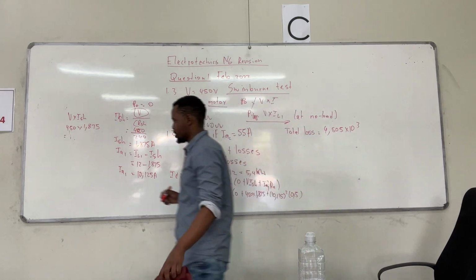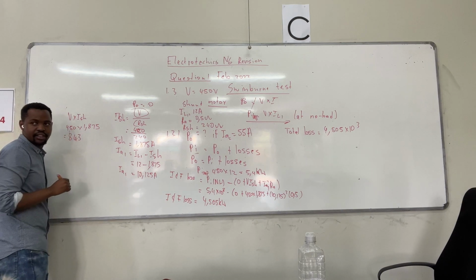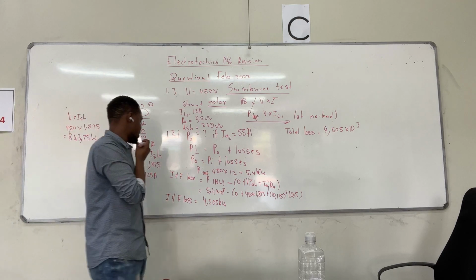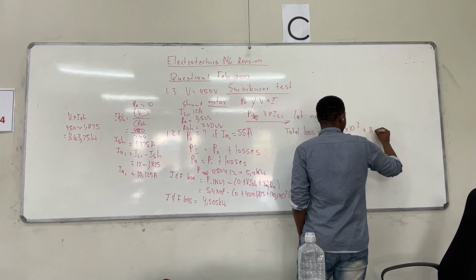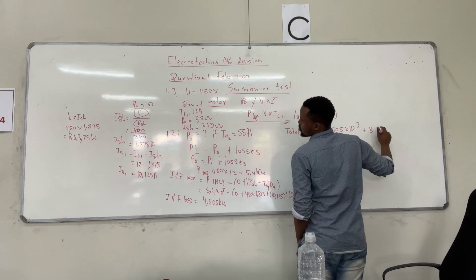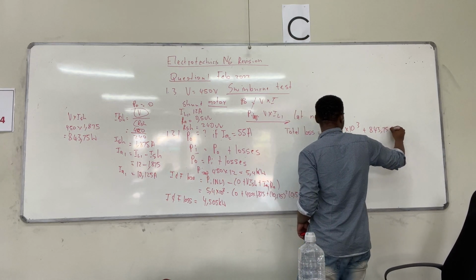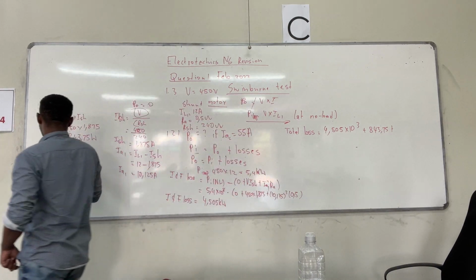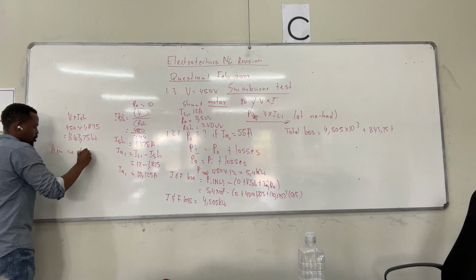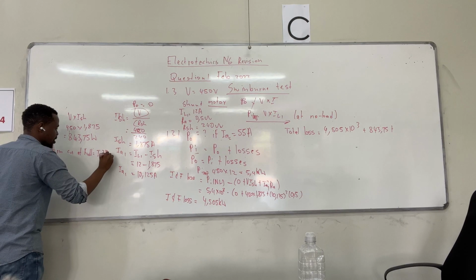So 843.75 plus the armature copper loss at full load, which is IA2 squared times RA.